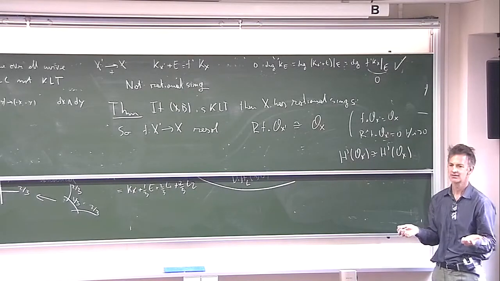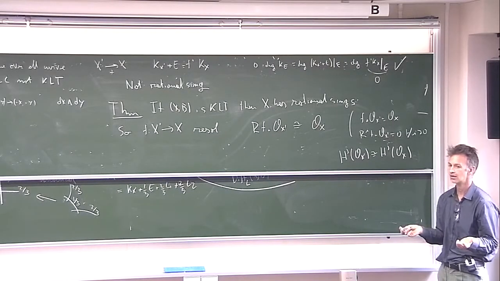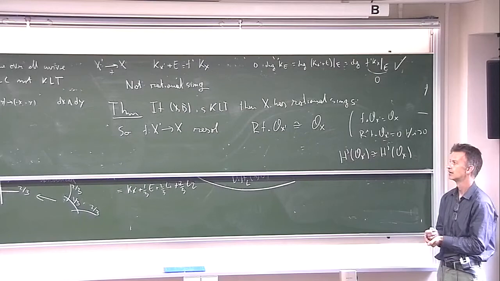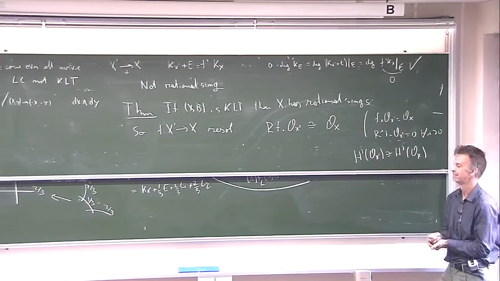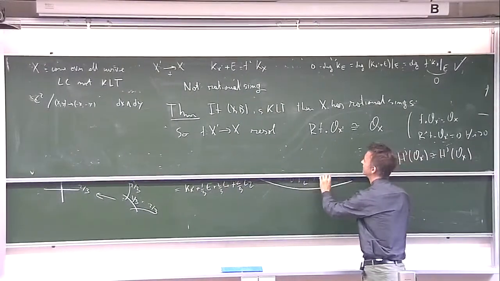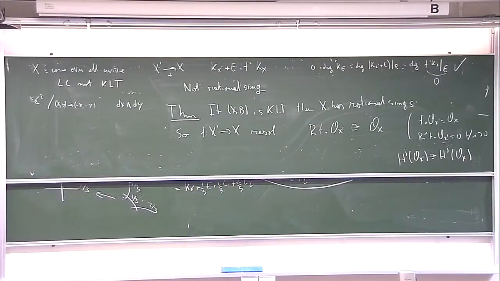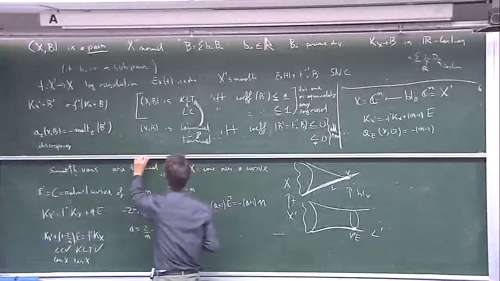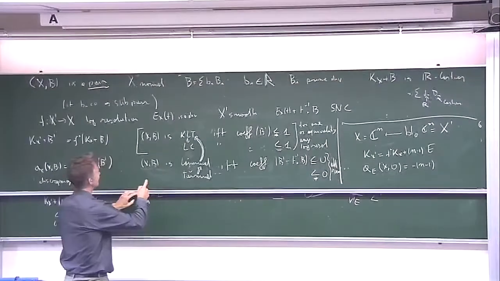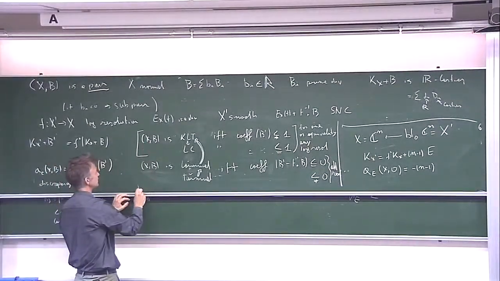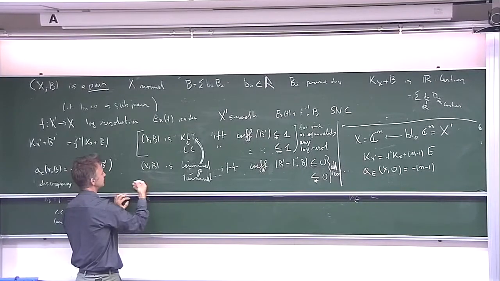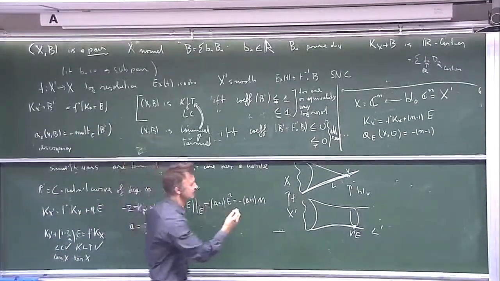Can I ask a question? Sure. When you say that (X, B) is KLT, do you assume some condition on the coefficients of B? Yes. So maybe I should say here, for all of these definitions, I'm assuming that B is greater than or equal to 0.